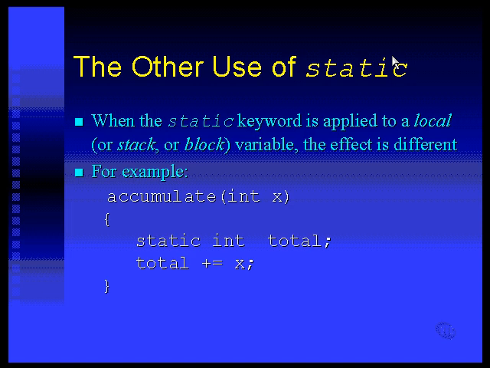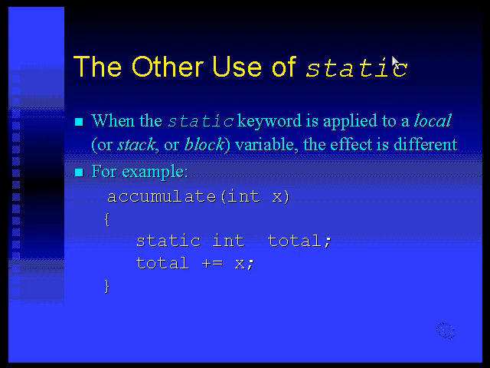Say for instance we had this local variable called total, and I put static in front of it. What would happen is that every time I called the function accumulate here in this example, the value of the parameter x would be added in to total, and it would be accumulated into the variable called total, which would then grow between each call to the function accumulate.